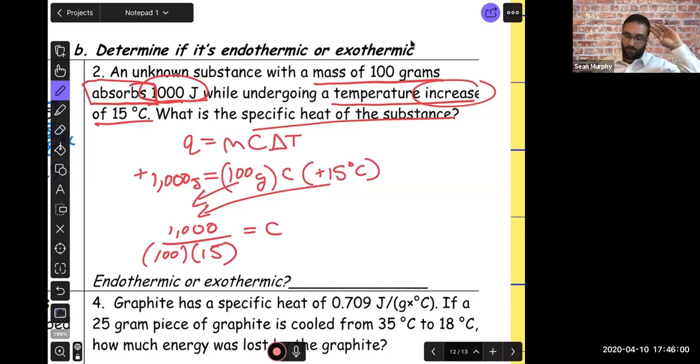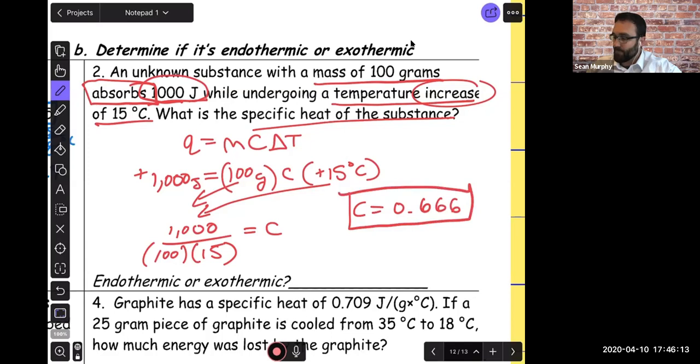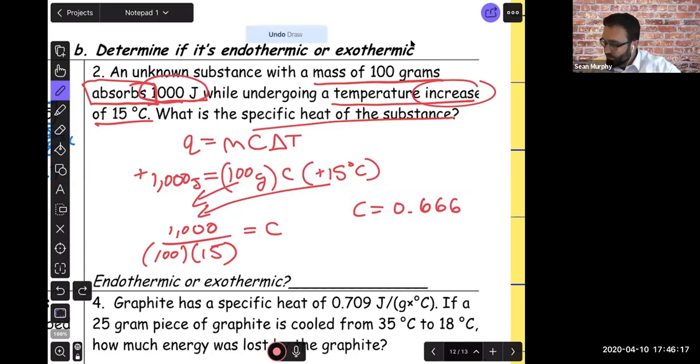Whew! We didn't get anywhere near 4. So we got 0.6666. Oh, shoot. Mr. Murphy did not put your units, joule per gram times degrees Celsius. There we go.